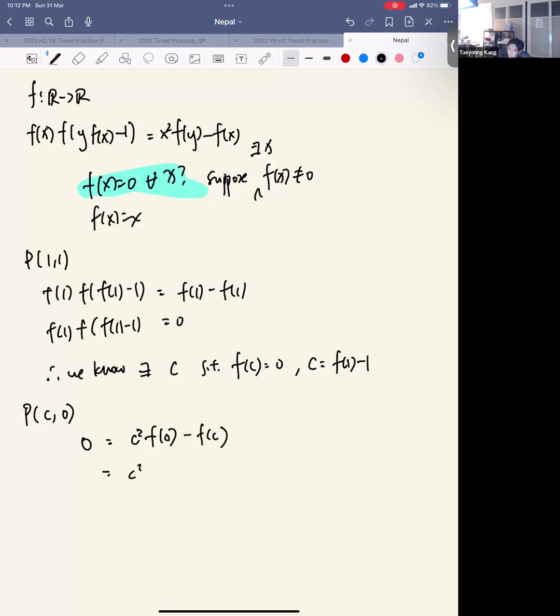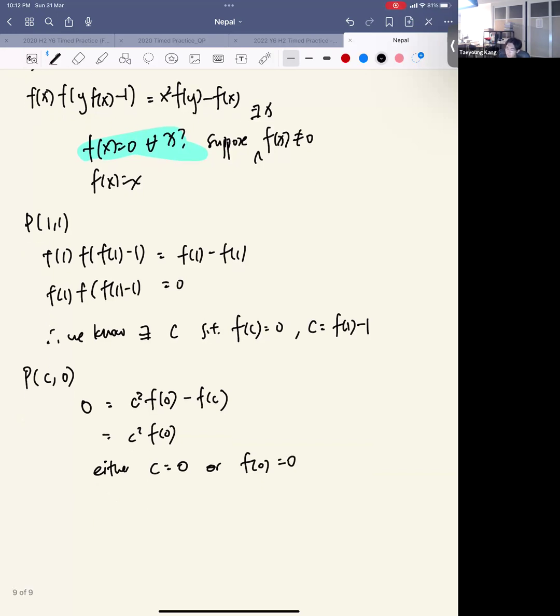So c squared f(0) is 0, so it means that either c equals 0 or f(0) is equal to 0. But even if c is 0, this just implies that f(0) is equal to 0. Hence, f(0) is equal to 0. Correct? Do you guys agree?